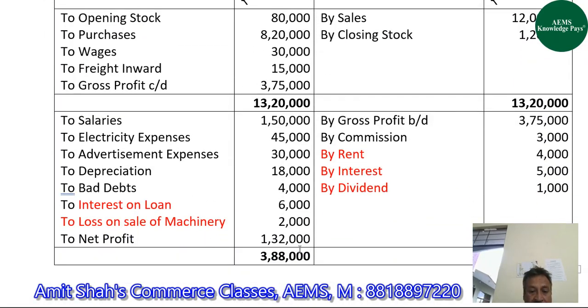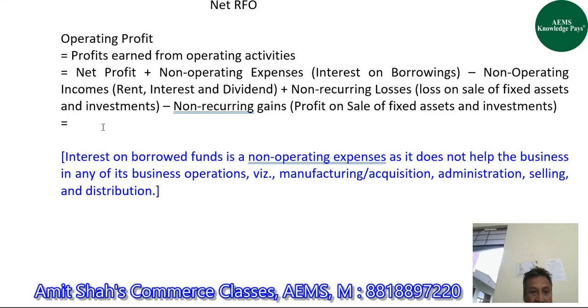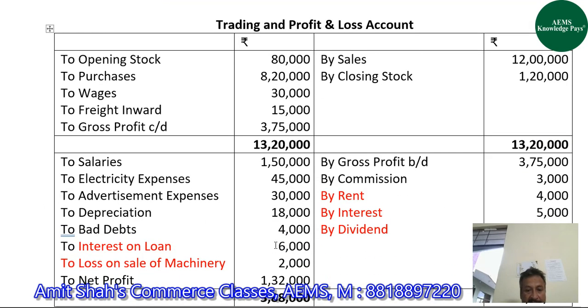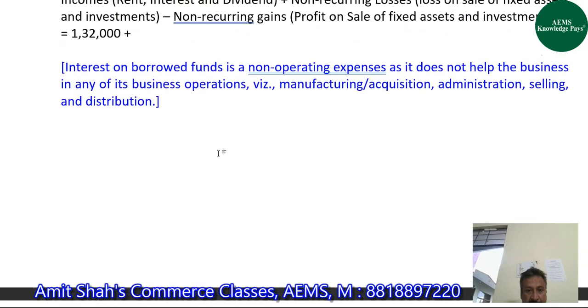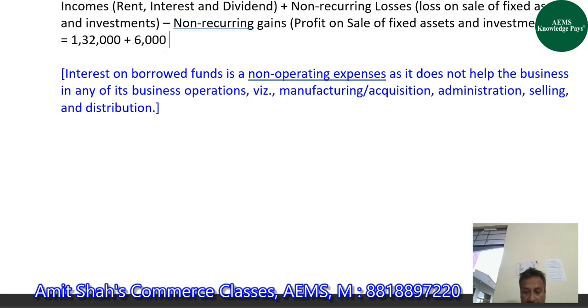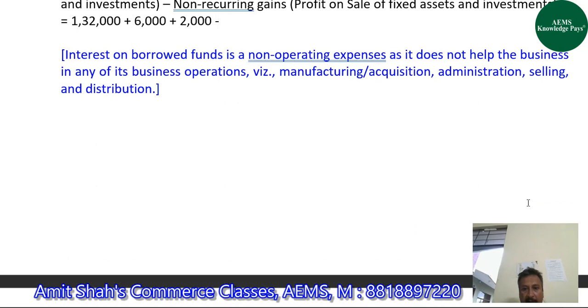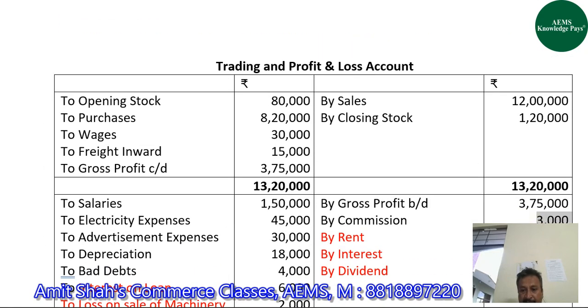So now with this question, to calculate operating profit, if we start from net profit, it would be 1,32,000 plus 6,000 plus 2,000 minus 4, 5 and 1,000.